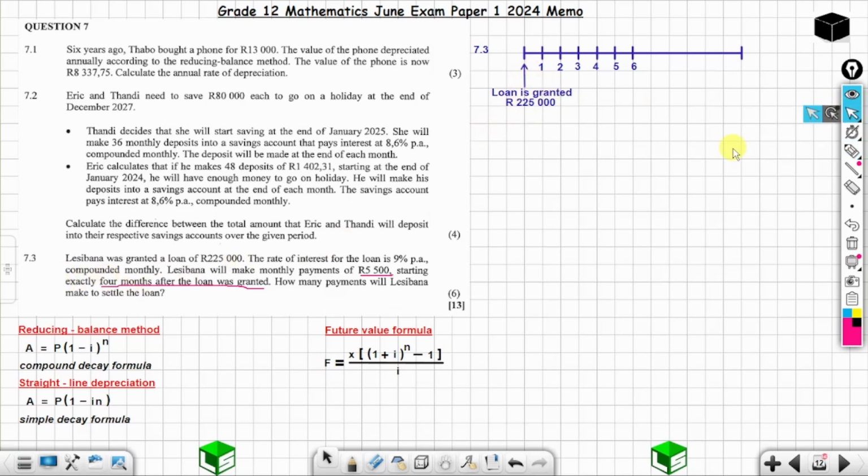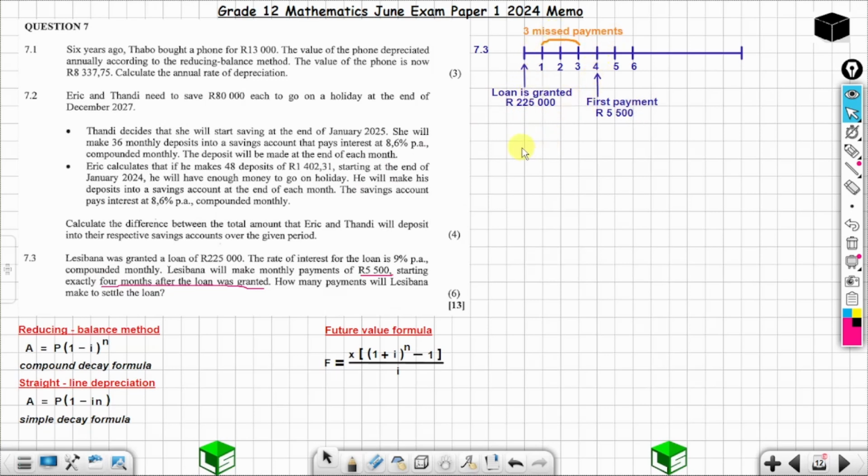Okay, so you are there. First payment of 5,500. So the value of the loan is going to increase because you have missed payments. You have 1, 2, 3 missed payments. So the value of the loan will increase.